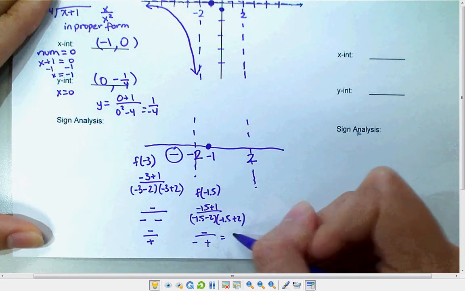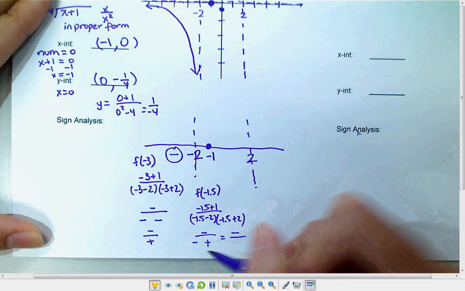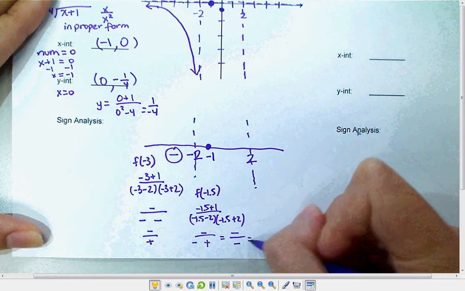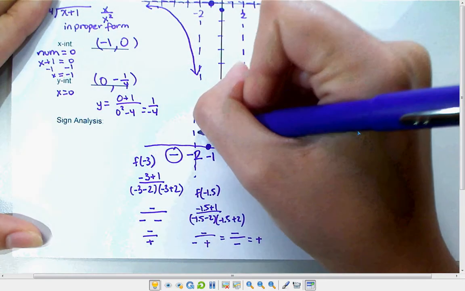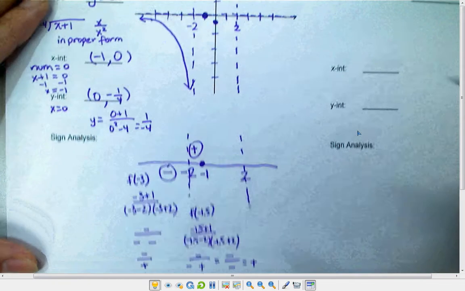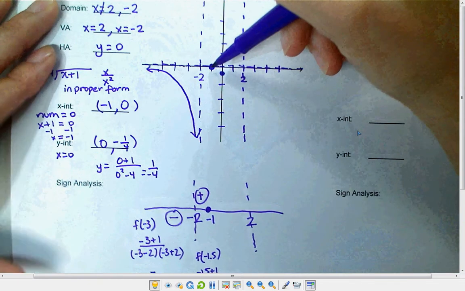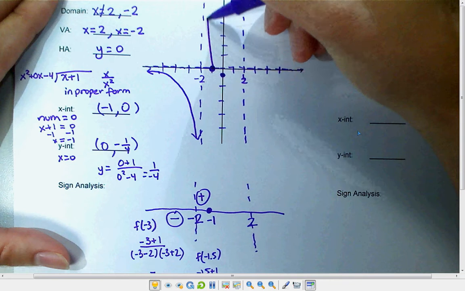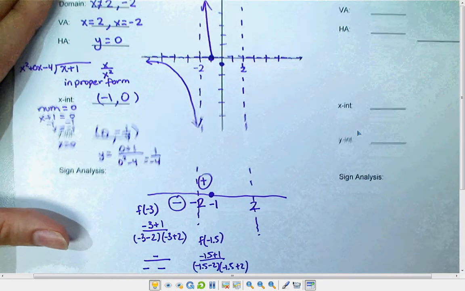Negative divided by negative is actually positive. So this section right here is going to be positive, which is above the x-axis. So I know from this point, it's going to now go up towards the asymptote between -2 and -1.